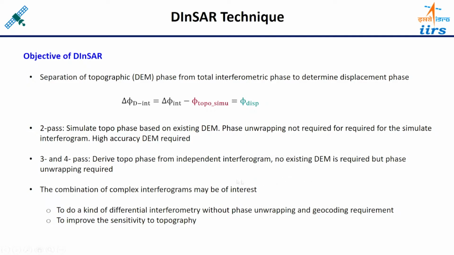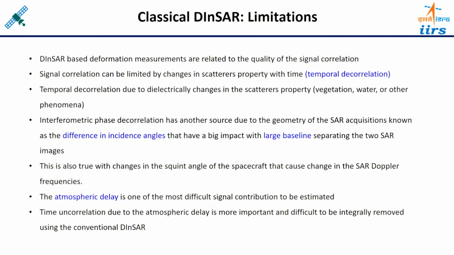In this technique we are calculating the phase difference over each and every pixel in the image. That is the biggest drawback of this technique. As I mentioned, the PS and DS points have moderate to high coherence levels. But the majority of the pixels in the images are noisy, or you can say the coherence level is very low.